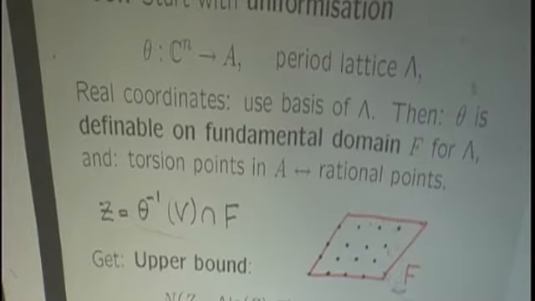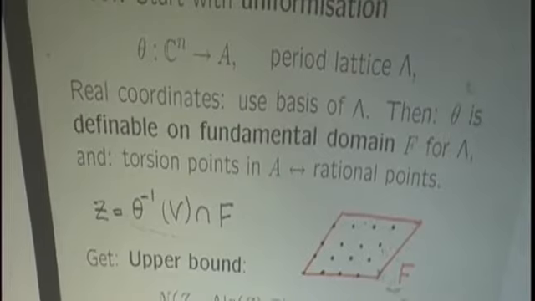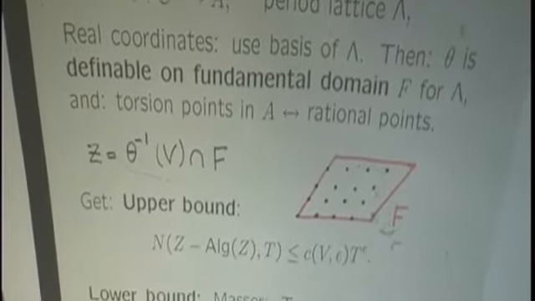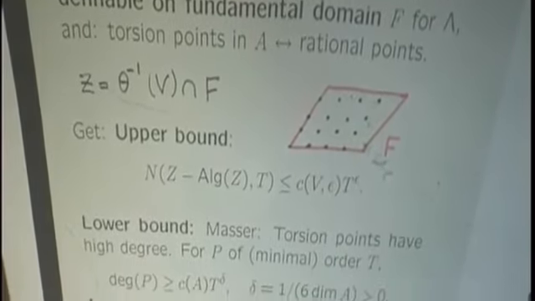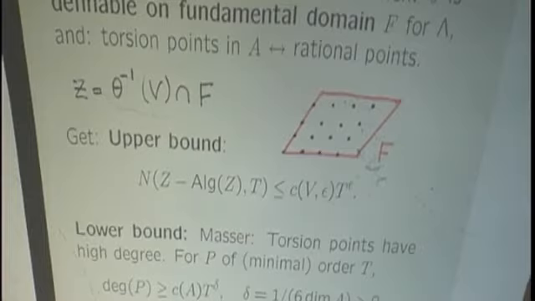And in that basis, the torsion points are exactly the rational points. Now this map theta is given by real analytic functions on the fundamental domain, which is a compact bounded domain. So this will be definable in R_an.